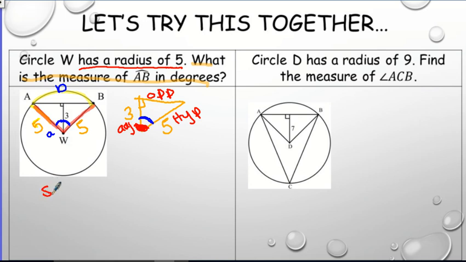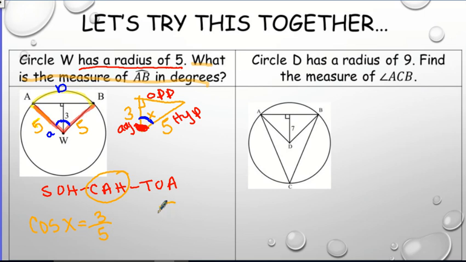So if I write down my SOHCAHTOA, I need to figure out which one of my trig functions has both adjacent and hypotenuse in it, and that's cosine. So I'm going to say cosine of x, since that's what I'm looking for, equals adjacent over hypotenuse.